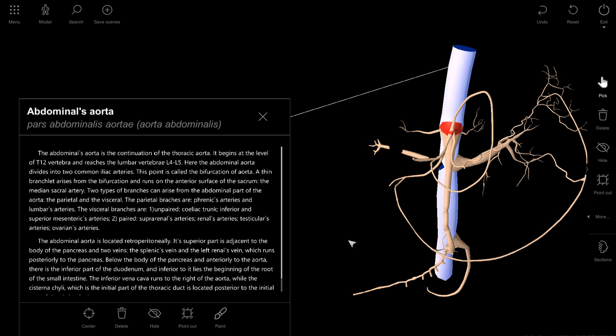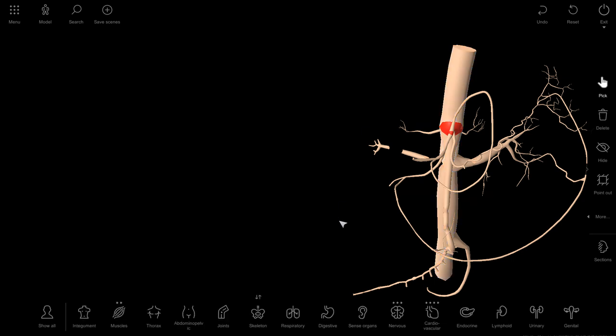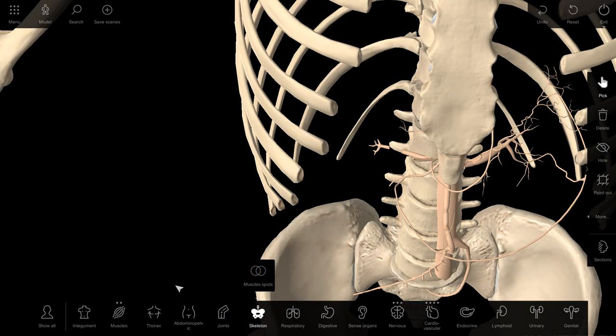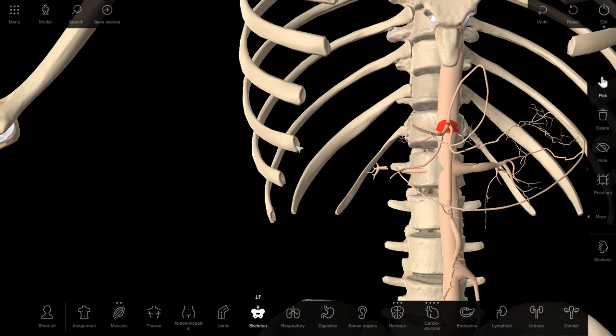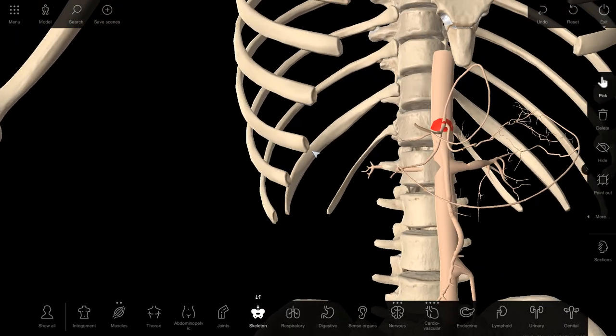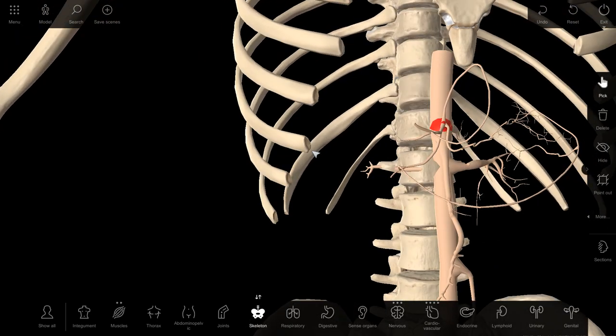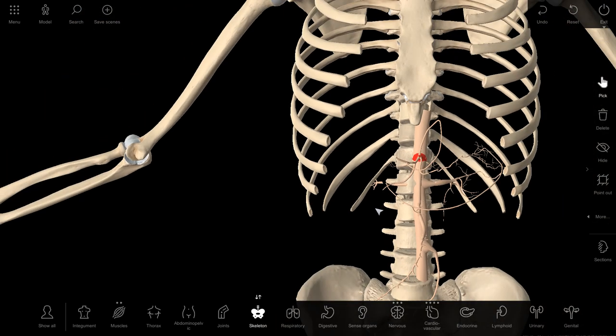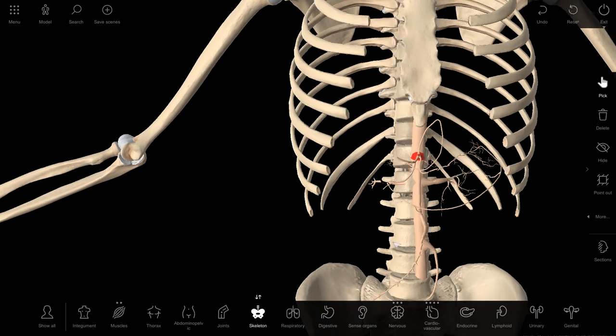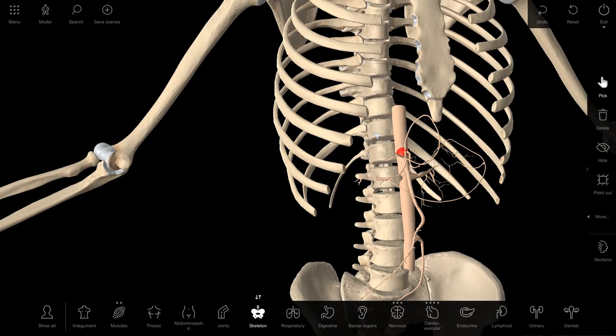Let's try to find this lumbar vertebra. We shall use the skeleton, and this helps us to understand the main skeletotopy points.